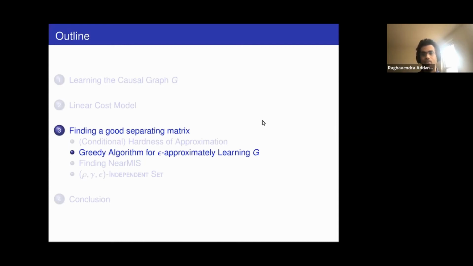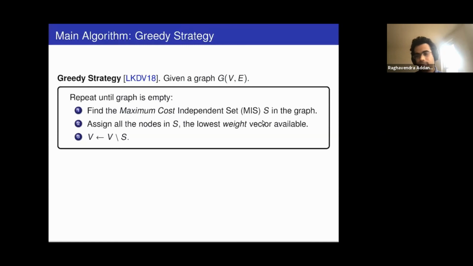By this, I mean we are interested in learning all edges except for epsilon n squared many edges. In terms of the separating matrix, this corresponds to looking at matrices where the property that Li is not equal to Lj for every edge is only violated for epsilon n squared edges. Those are the matrices we are now interested in.